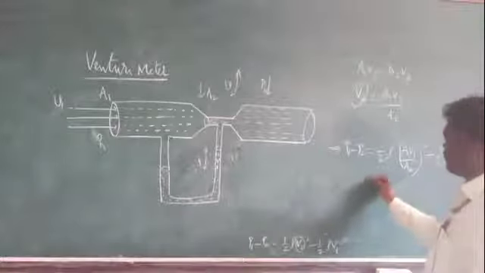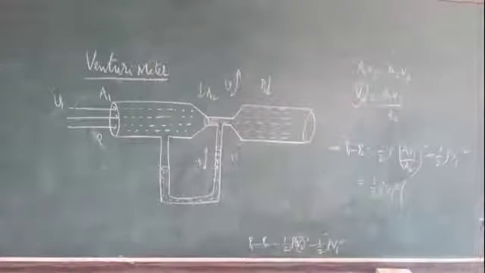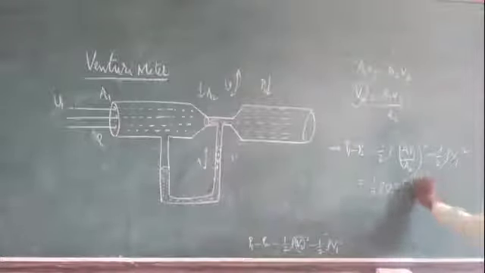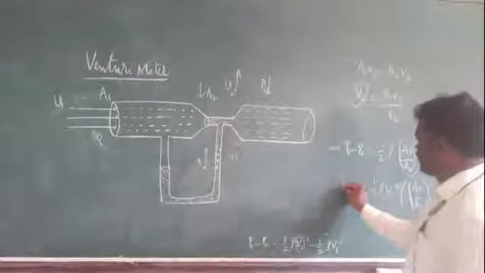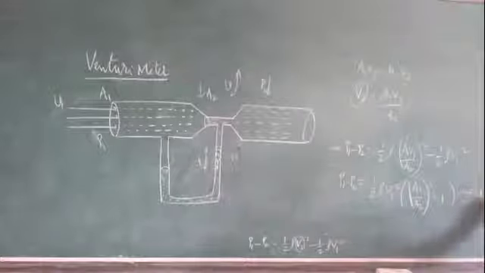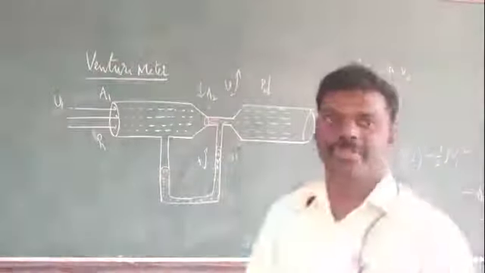Taking half rho V1 square common, we get A1 by A2 whole square minus 1. Keep this as equation 1, outside.